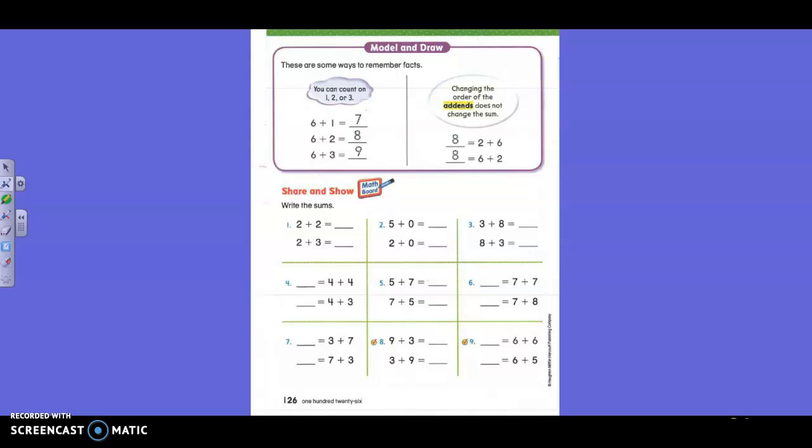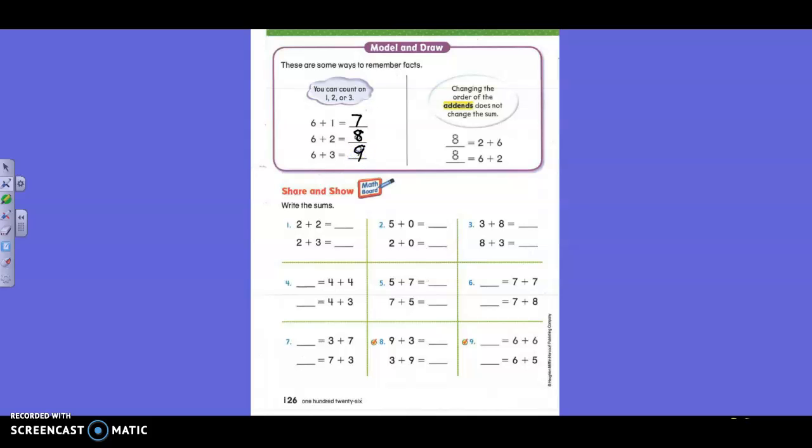Yep, all right. So boys and girls, there are some ways to remember facts. You can count on 1, 2, or 3. So look right here, we have 6 plus 1 is 7. 6 plus 2 is 8. 6 plus 3 is 9.